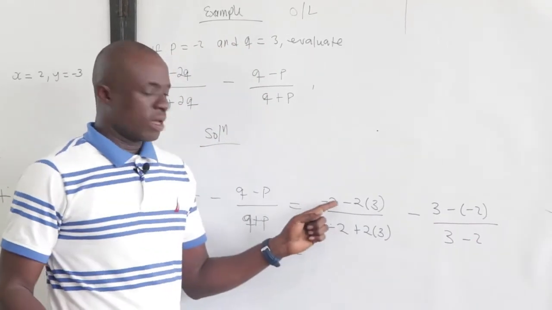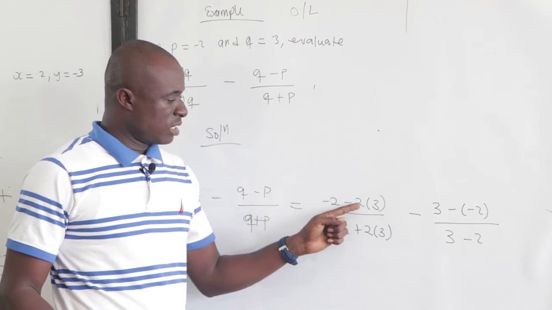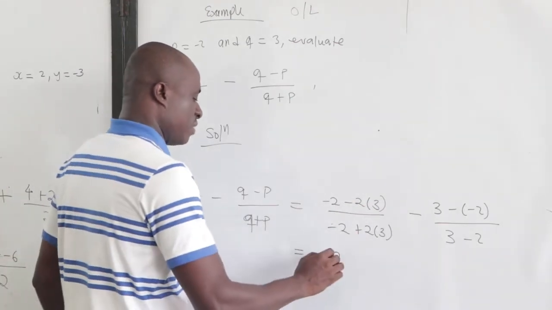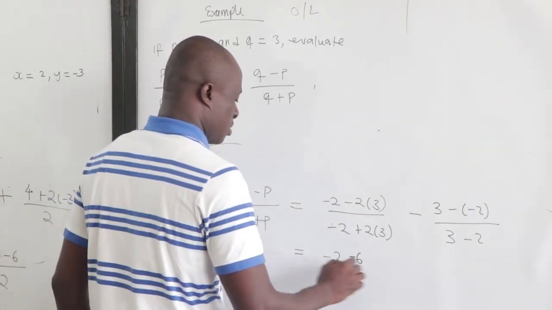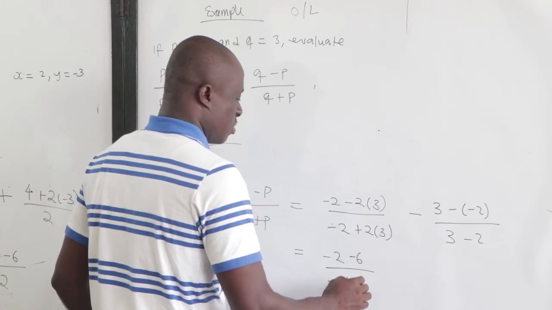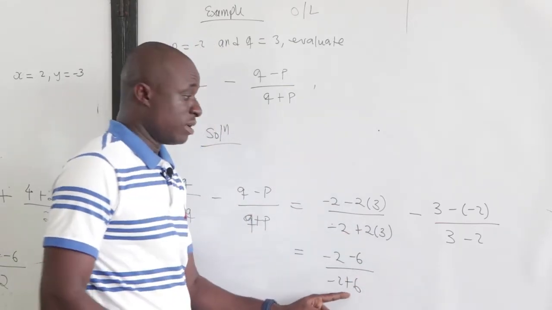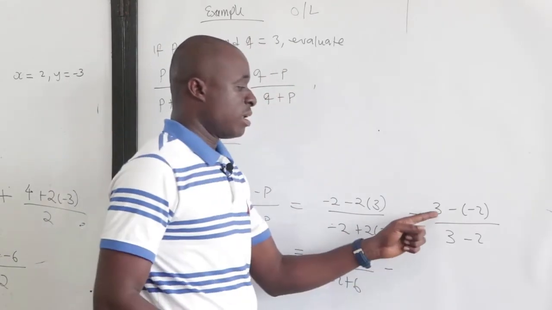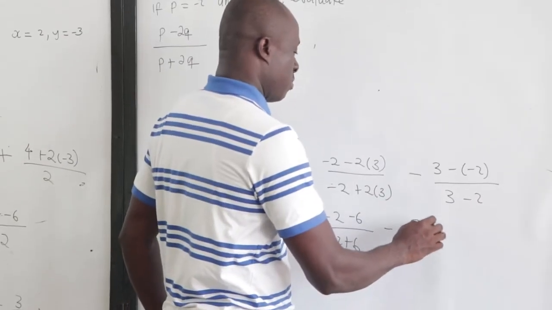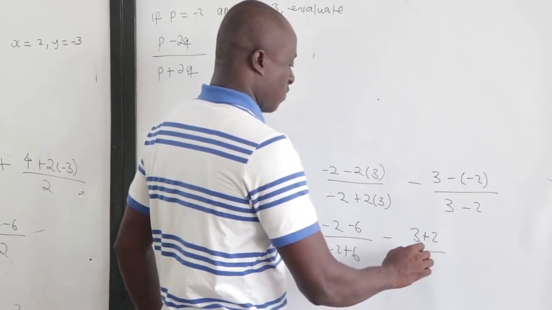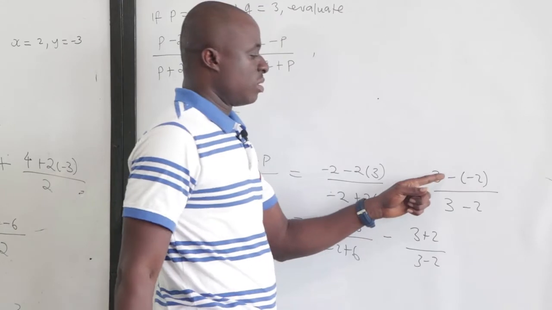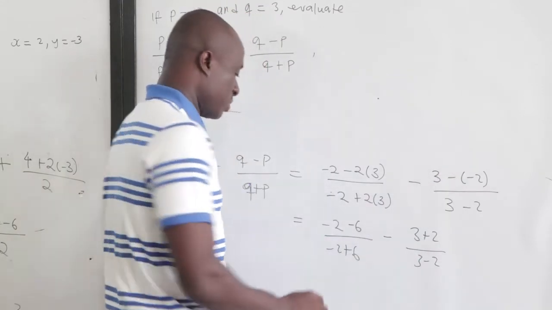Now, negative 2 times 3, that's negative 6. We have negative 2 minus 6 all over negative 2 plus 2 times 3, that's giving us 6. We have negative here. Now this will be 3 plus 2, and then we have 3 minus 2. Negative, that's giving us positive.